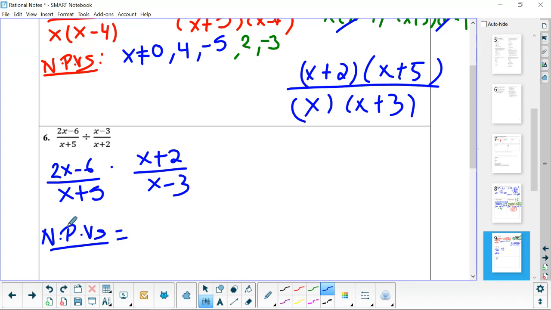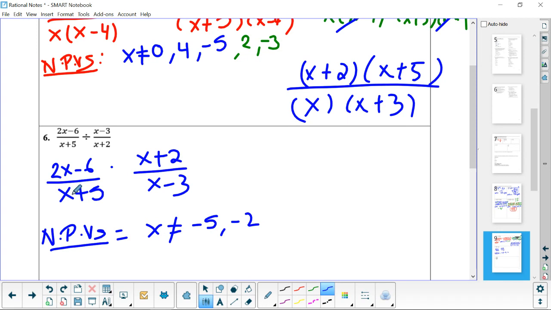Okay, so for the first part, the non-permissible values here are, if I plug x as -5, my denominator will be 0, and if I plug x as -2, my denominator will be 0. So my non-permissible values are x should not be equal to -5, -2.